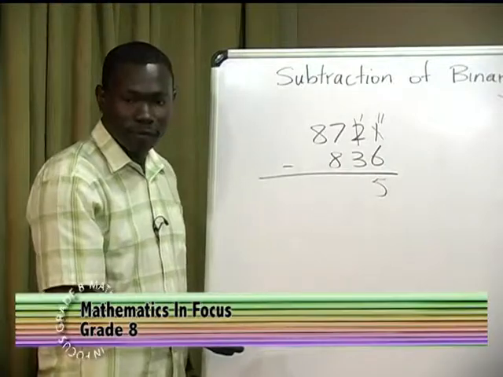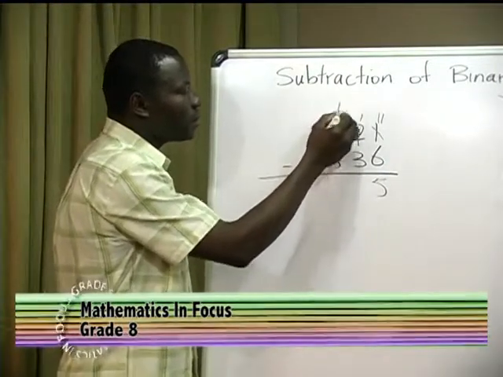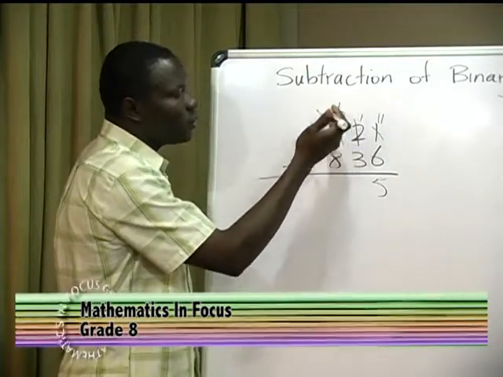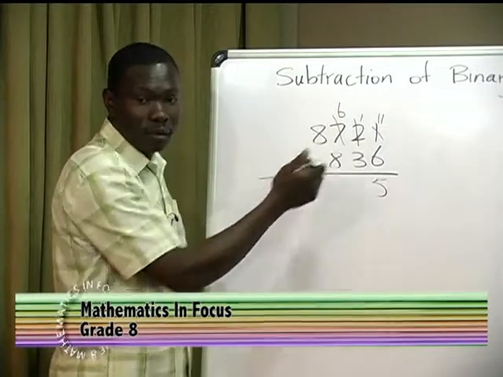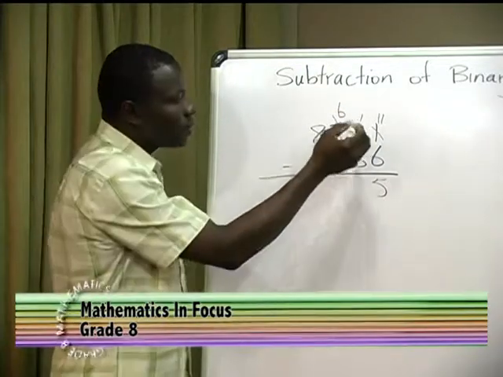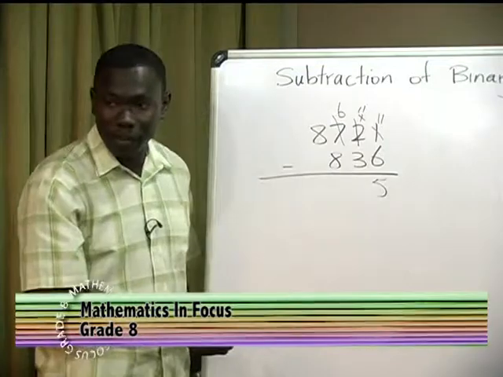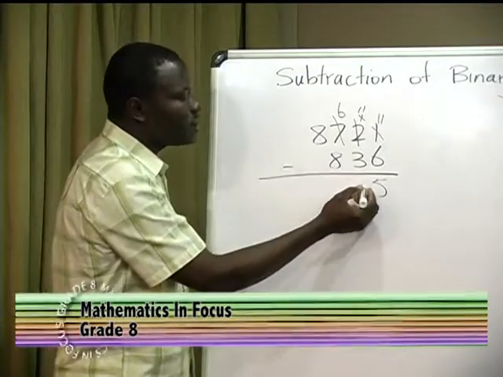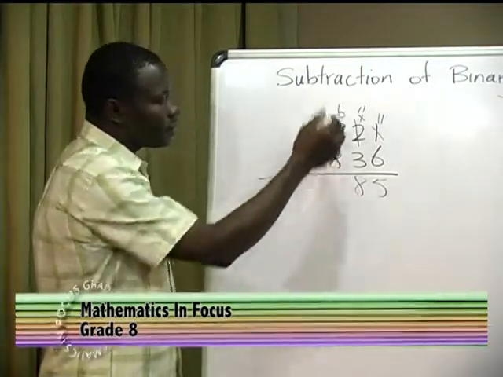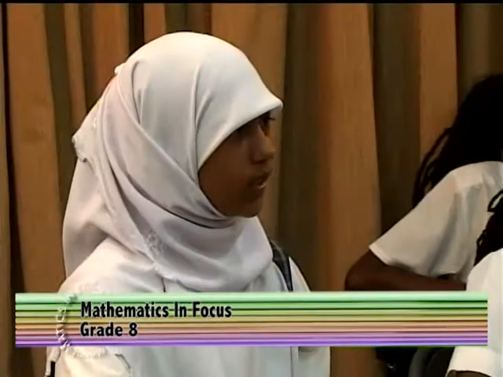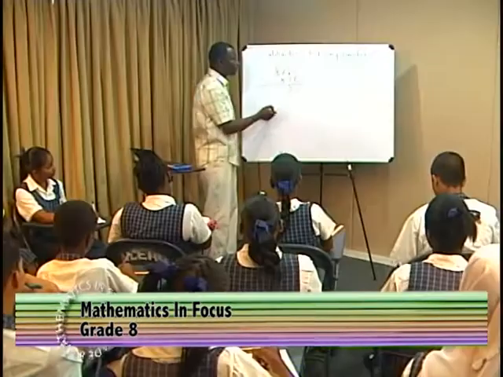3 from 1? So we take 1 from this, it drops to 6. And then remember, if you take 1 from this digit to the other one, it becomes 10. So 10 together with this one now makes it 11 again. And 3 from 11 is 8. 6 from 8? Take 1 again, this drops to 7.